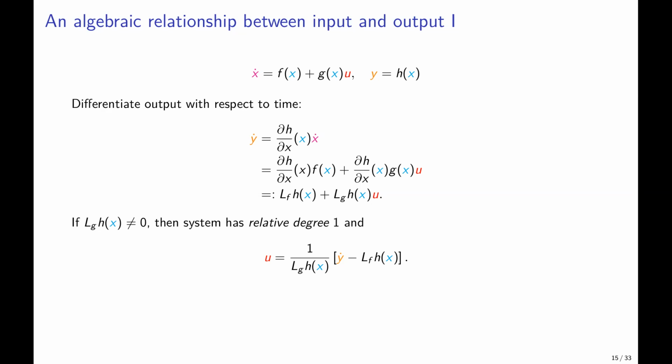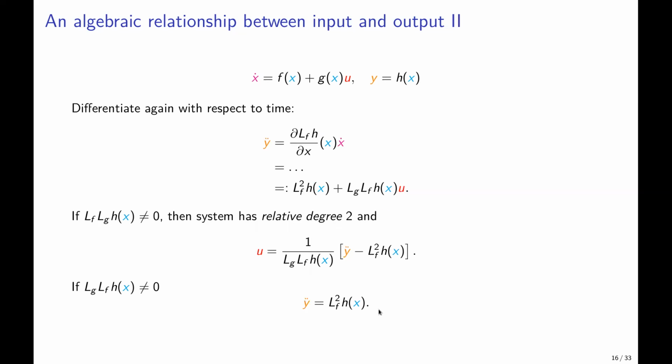Let's say, okay, it is 0, which often happens. Then we get an equation like this. There's no U here, but we can again take a derivative of Y. And maybe now this term in front of U will be non-zero. And then we get an equation like this. And you see this schematic here.